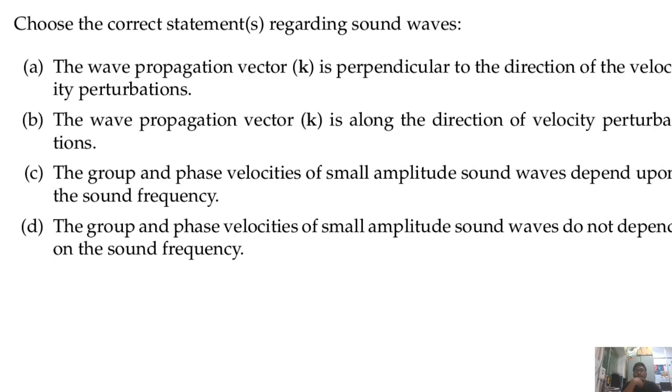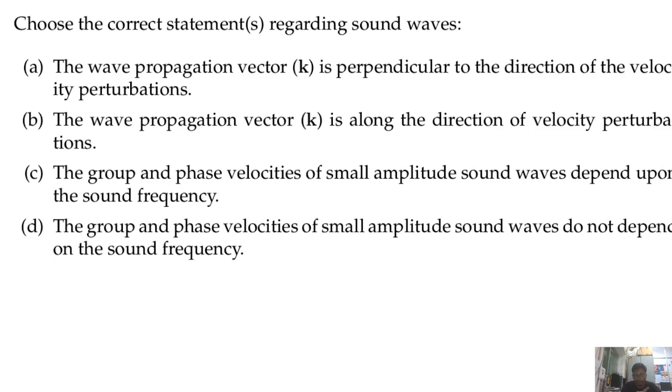Now if you have the velocity perturbation, we consider that these perturbations are relatively small, that means their amplitudes are such that they cannot turn into shock waves, which will be present in the nonlinear regime.